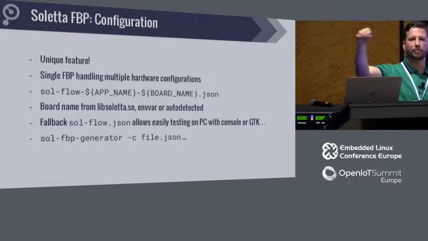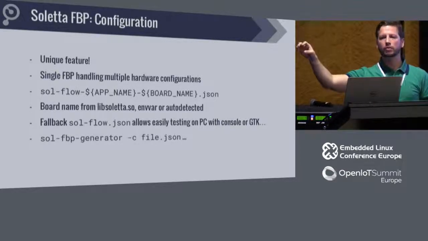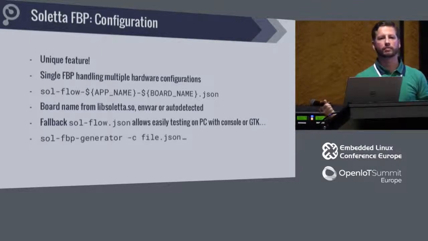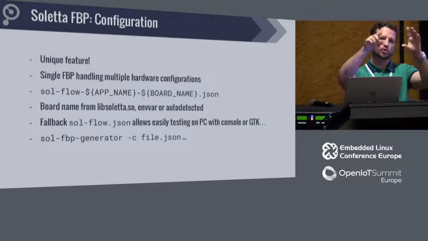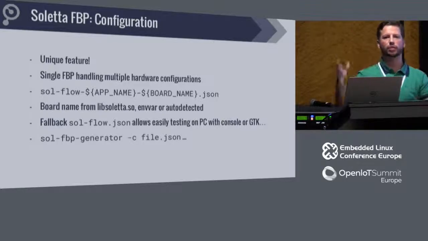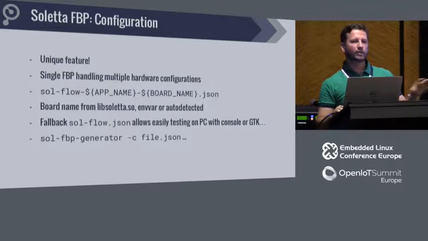The second board has a different number of GPIO. The other board is not even GPIO anymore. It's a keyboard. And then you want to test that on your PC. Then you want a GTK button to show where you can press and it will simulate for you. With this configuration file, it's very simple to do.